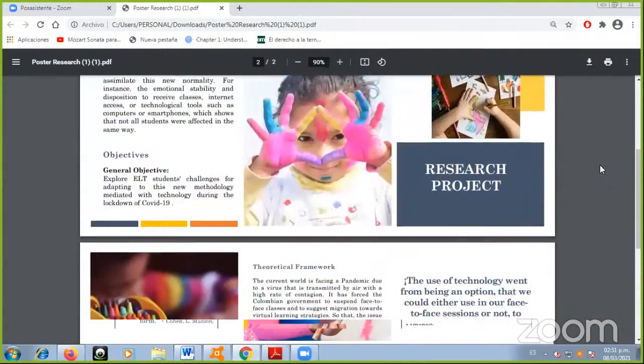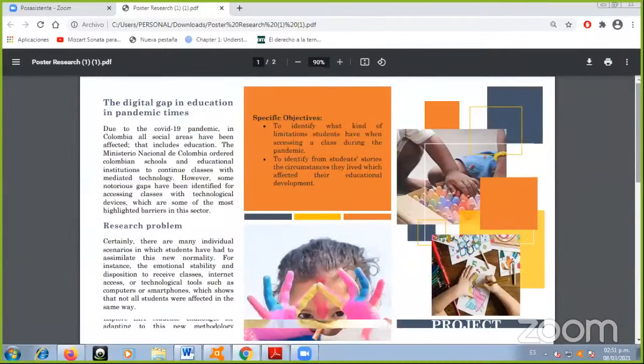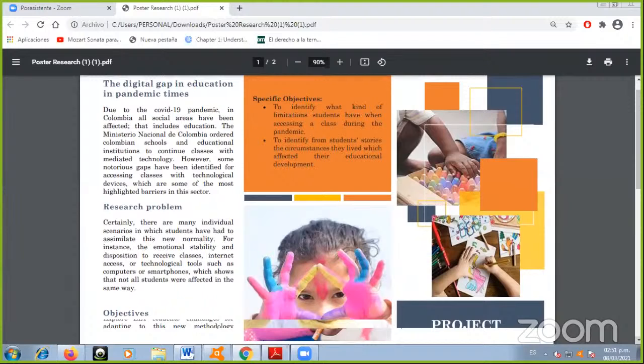So as you can see, our topic is the digital gap in education in pandemic times. Here, you can find a brief description or abstract about it that says that due to the COVID-19 pandemic in Colombia, all social areas have been affected, and that includes education.